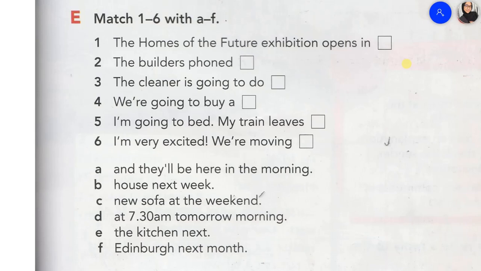Okay, the first one. The homes of the future exhibition opens in, and they'll be here in the morning. Okay, no, grammatically wrong. You cannot start with and. The homes of the future exhibition opens in house next week. No. Opens in new sofa. Oh, even worse. Opens in at 7.